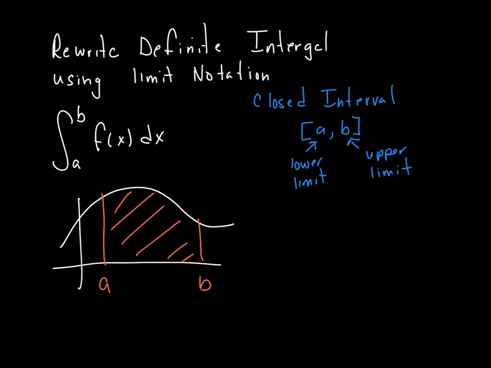So to rewrite this with the limit definition, what we have here is the limit when delta x goes to 0. Again, that means when the width of the rectangle goes to 0, of the summation of i equal to 1 to n of f of that sample point in the interval, c of i, times delta x of i.